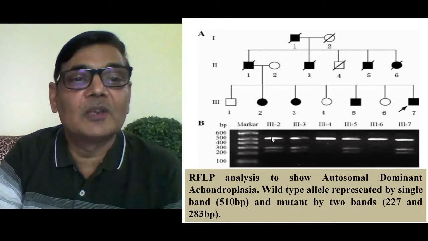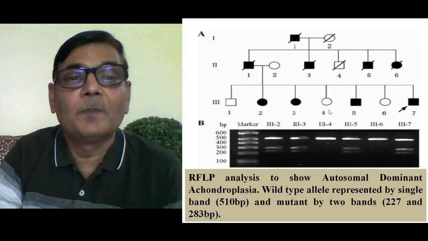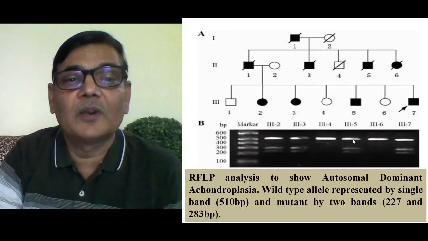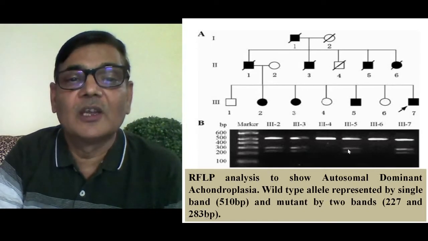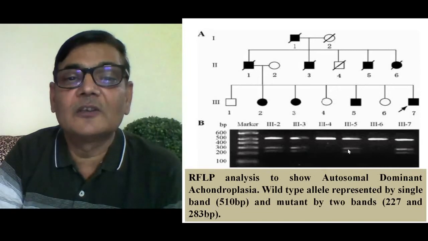So here also you can see 1, 2, 3 bands, one for the normal allele and these two for the mutant allele. Again, in the fifth individual of the third generation, we find 1, 2, 3 bands, one for the normal allele and these two for the mutant one, because the mutant allele DNA segment gets split into two regions, since the restriction enzyme recognizes a particular site in that allele.